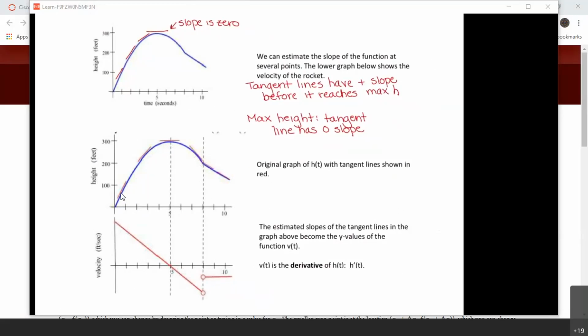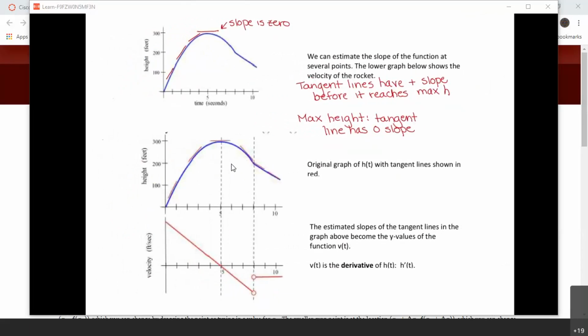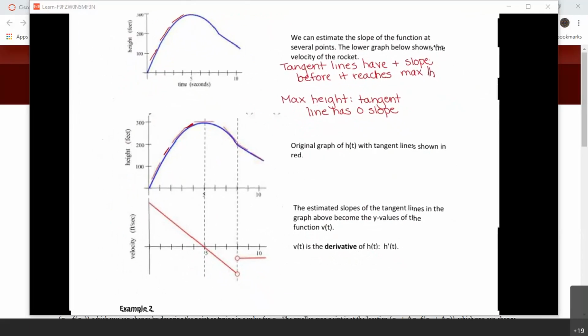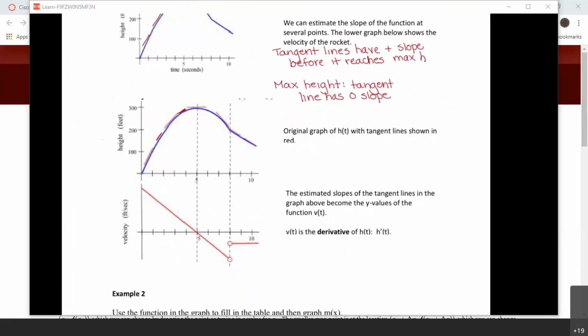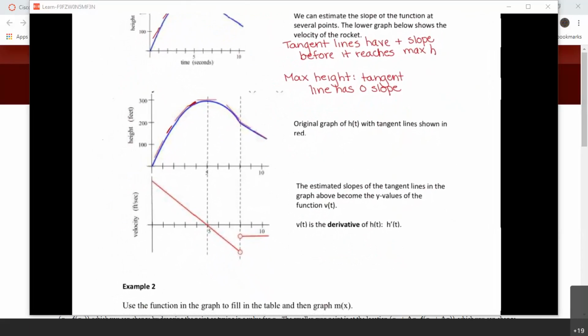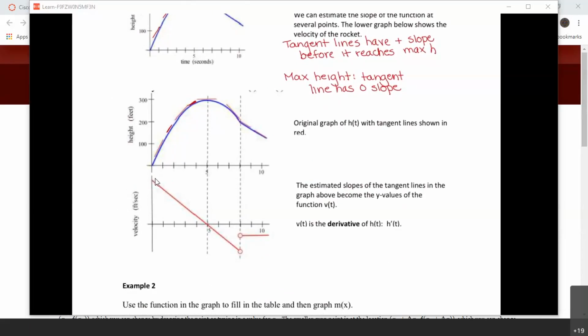So here I have a really large positive slope, you might be able to tell this one is not quite as large. The slopes are getting smaller. They're positive, but they're decreasing. Does that make sense to you? So if I were to graph the slopes, you're going to get a series of positive but decreasing values.